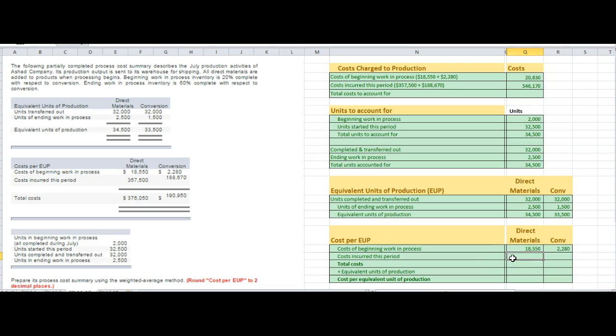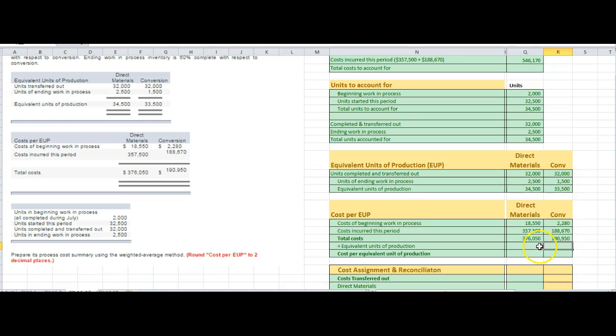What cost did we incur? 357,500 and 188,670. So that gives us total costs to account for, which are 376,050 and 190,950. And actually the rest is history after this point.